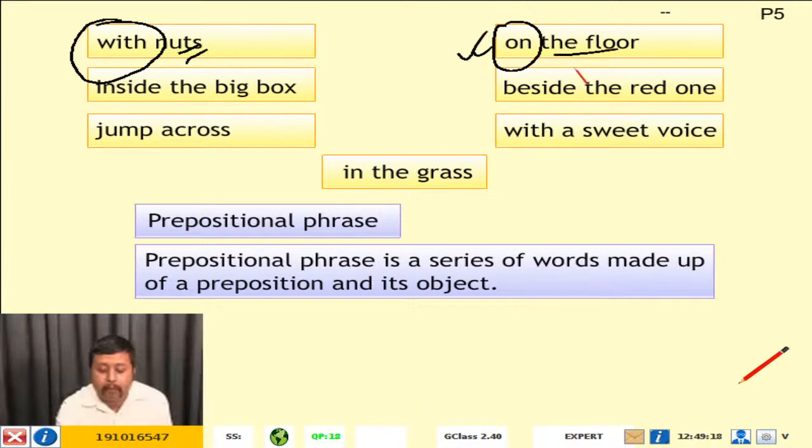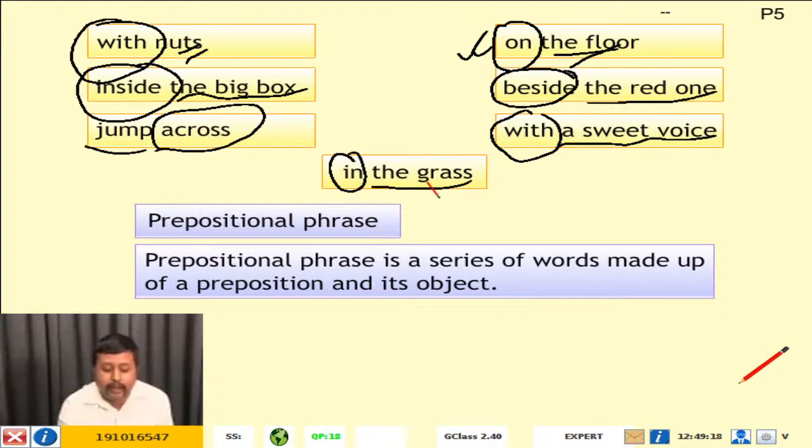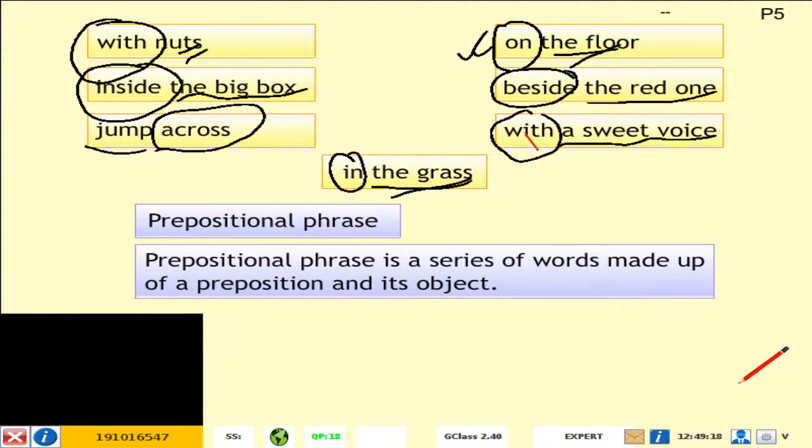Preposition, the object, preposition and the object, right? Then there is another preposition and its object, a preposition and its object, a preposition and its object, a preposition and its object, right? So all these are what?